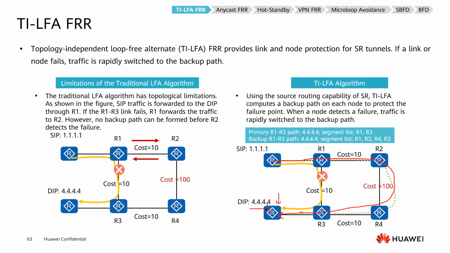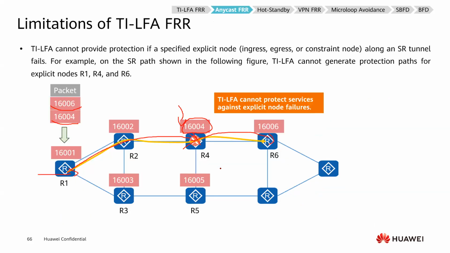But now this destination is gone. Where should I send it to? This is a limitation for TI-RFA. There's no place to go, even though there are many places. I can go from here, I can go from here, but R4 has failed. How can I do the TI-RFA?